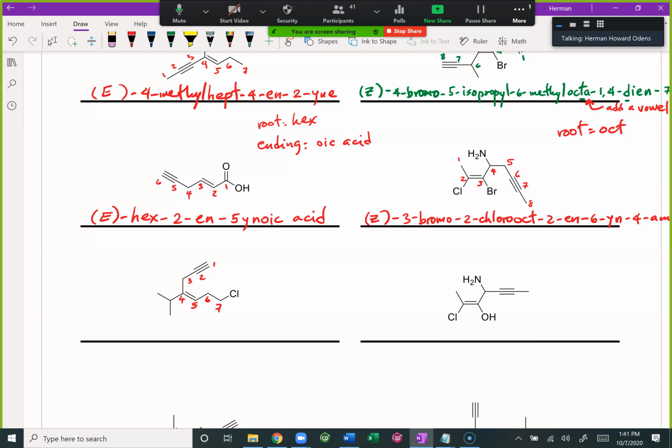I think it's E, because 6 and 3 are equal, but 7 beats carbon 2 because it has a chlorine. Gotcha. Okay, my bad. No, that's fine. So E. 7 chloro, 4 isopropyl, hept, 4 ene, 1 ine.